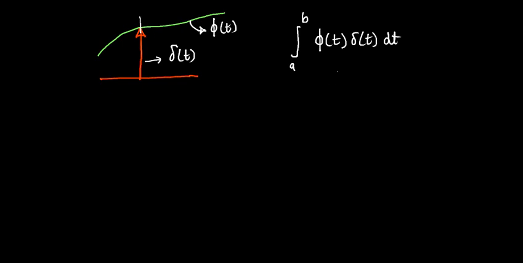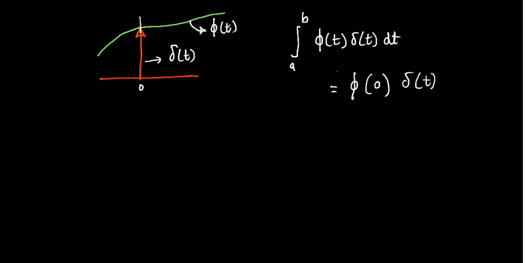What do I expect? The value exists only here, and no values at other instances. So it will give you the value of that signal at this point. Not only that, this is a scalar, right? I can't simply put it as a scalar, so it will be multiplied by.